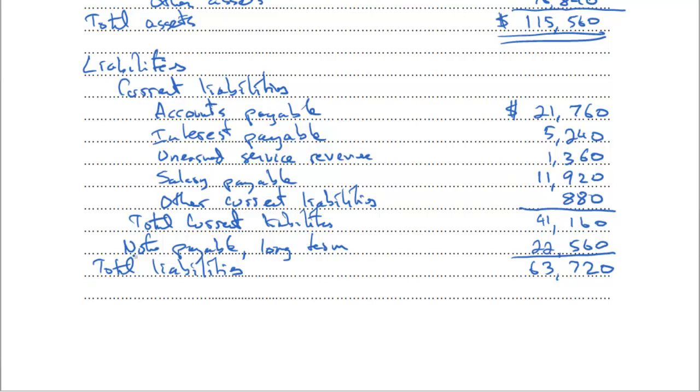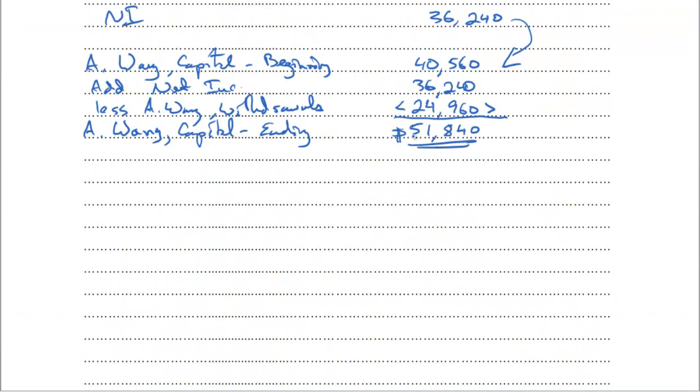And so now we do have to have a heading for owner's equity, even though there's only one of those, just because it's the third section of the balance sheet and always will show up in that kind of form. And so we have A Wang capital, and how much did we calculate that the capital was? Ending capital 51,840.